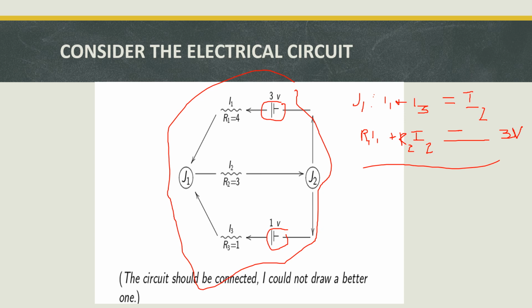So R sub 2 times I sub 2 plus R sub 3 times I sub 3 is equal to the voltage of the second battery, which is 1 voltage. And this is our third equation, rather. Second equation and third equation.